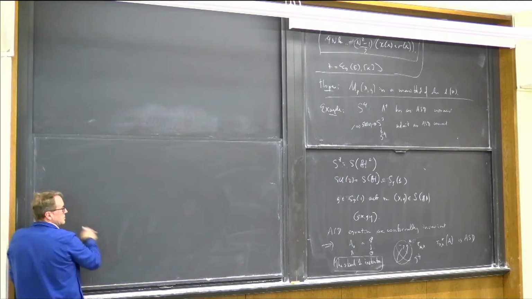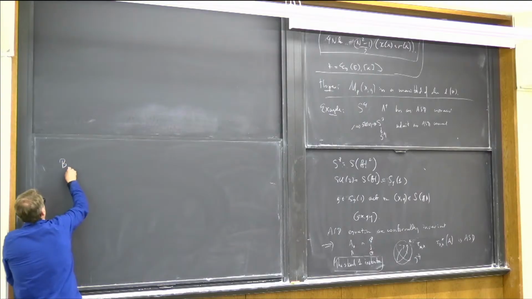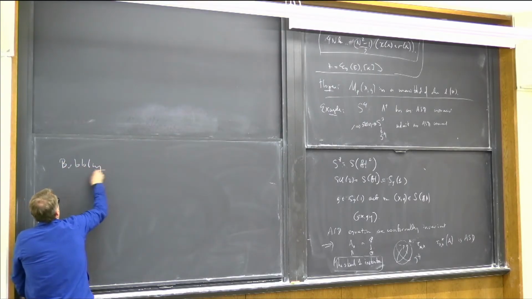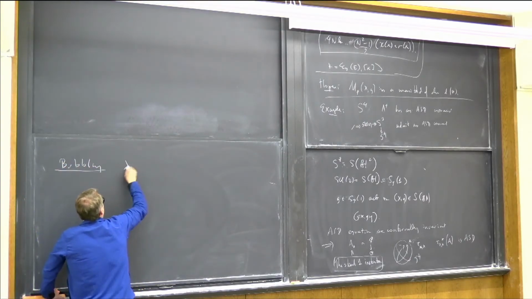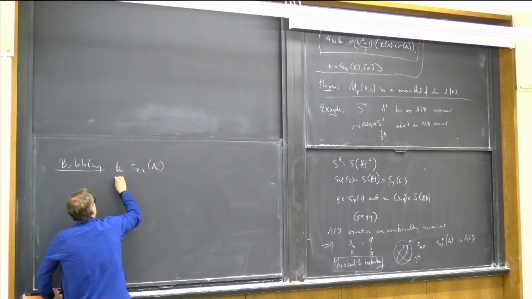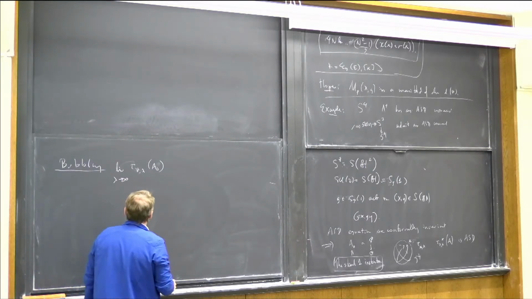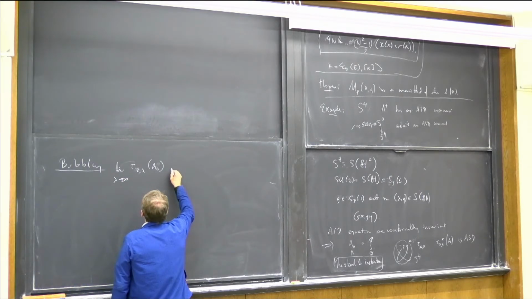And you see this bubbling phenomenon happening now. Right, so if I take this pullback of A naught, and I take the limit as lambda goes to 0 or infinity, doesn't matter, but say lambda goes to 0, then what happens to this guy?